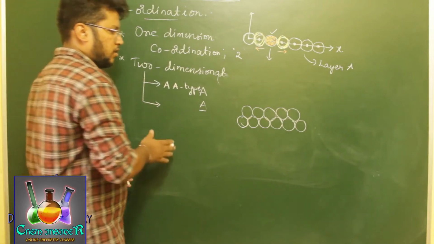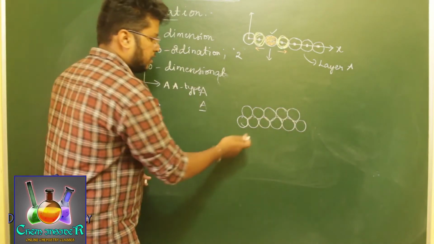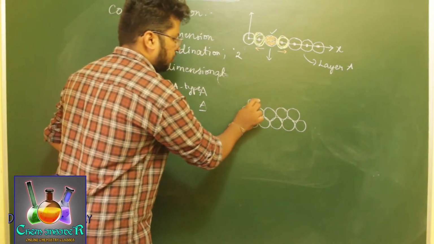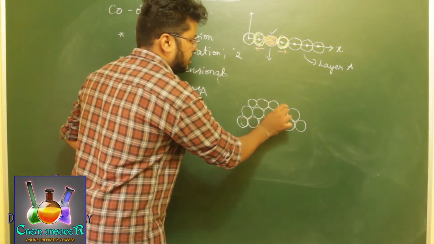We used to draw a line of circles and they will be conjugated between 2 circles, right? Similarly, we are going to stack these layers like this.